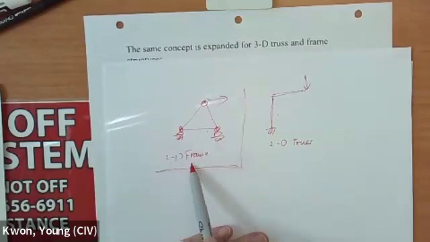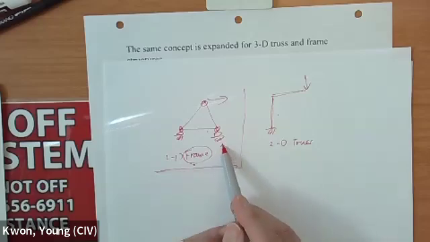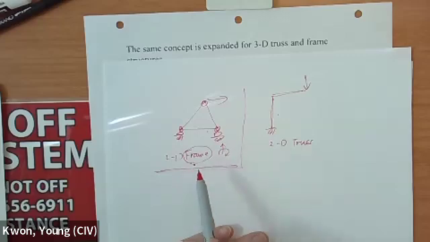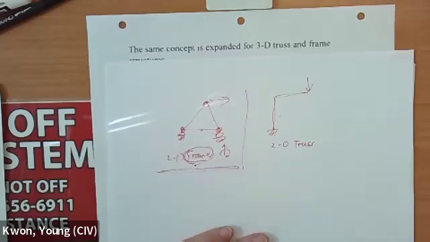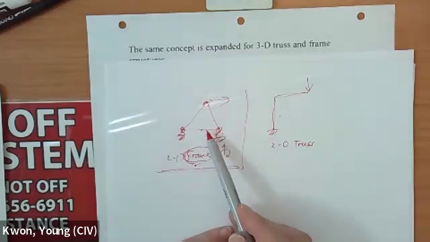So this one, the frame element has not only axial force, but also transverse deflection or shear force and bending moment, right? But this one doesn't have that, correct? So in other words, the frame element has additional capability to represent different kinds of load for the structure.